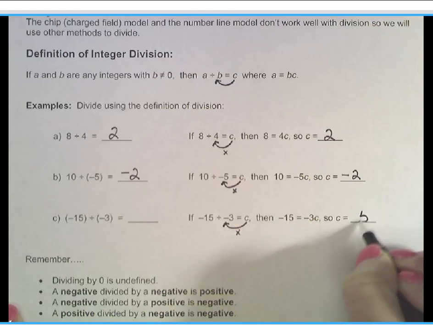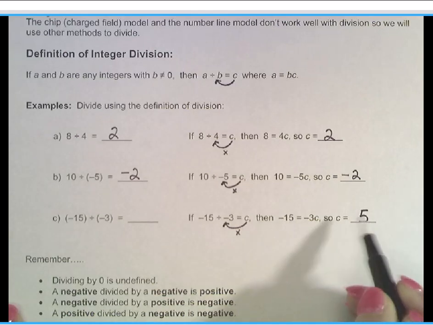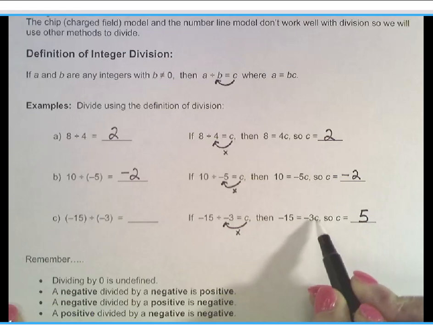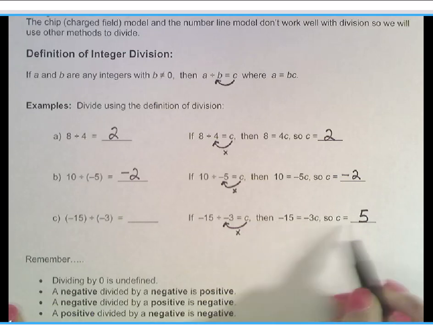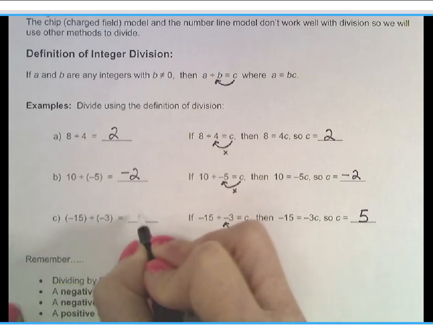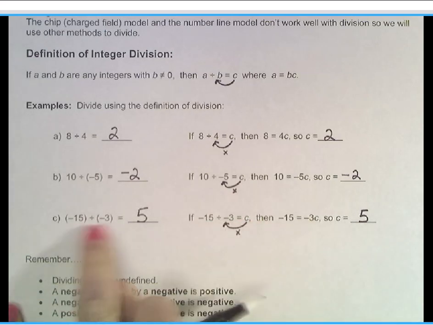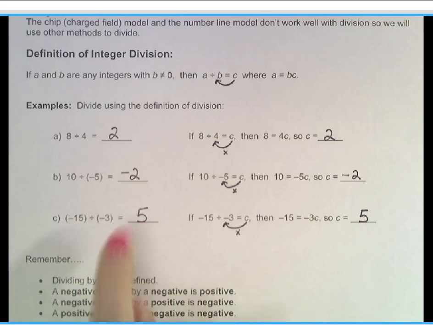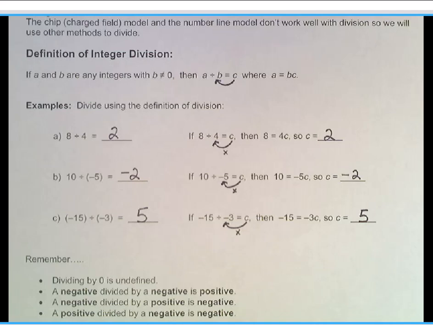Well, it's 5, but would we make it a positive 5 or a negative 5? If we multiply negative 3 by another negative, it would turn positive. So we better keep this one as a positive. This shows you that two negatives, when you divide them, make a positive. So that's how we're going to do it using the definition of division.